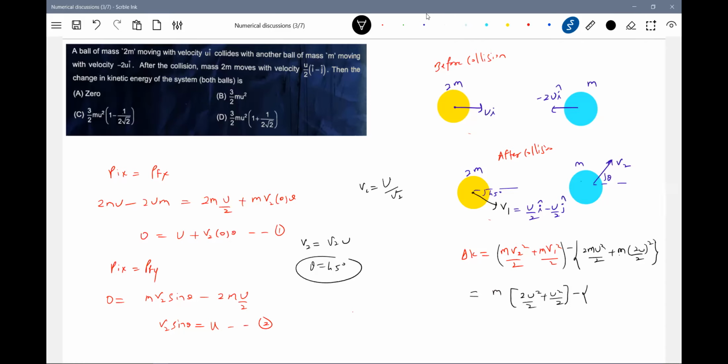I will take M outside. M by 2, let me take outside. So this will be 2M u square, 4 m u square, in a whole bracket, 5u square by 2 minus 6u square. Check calculation.